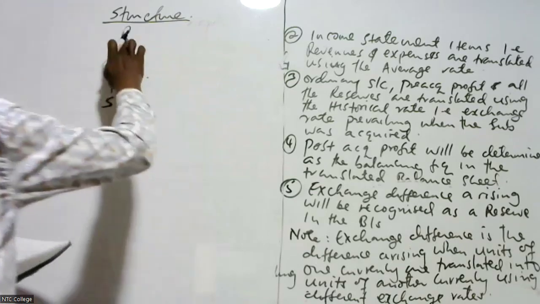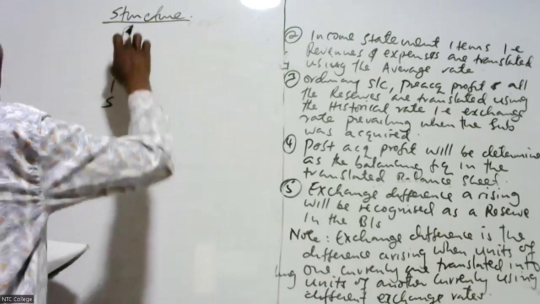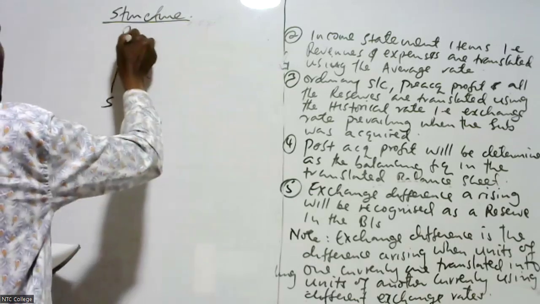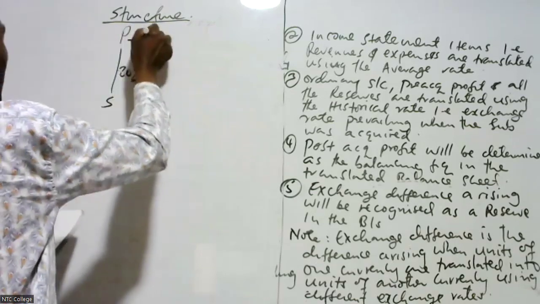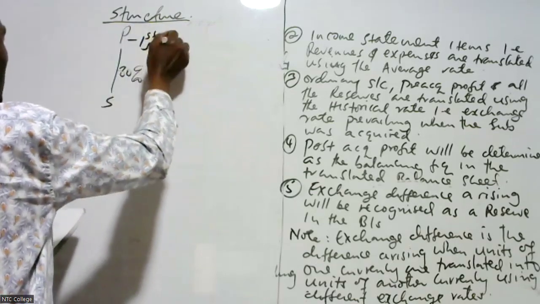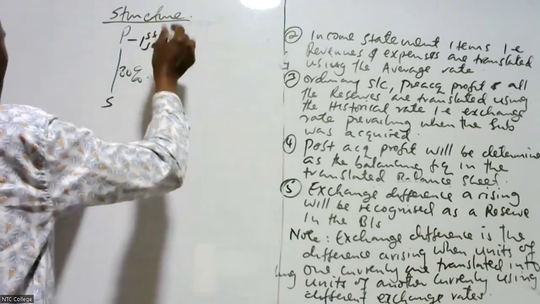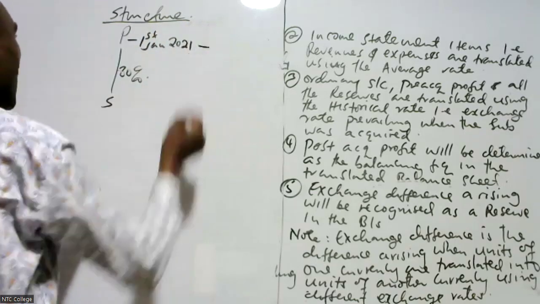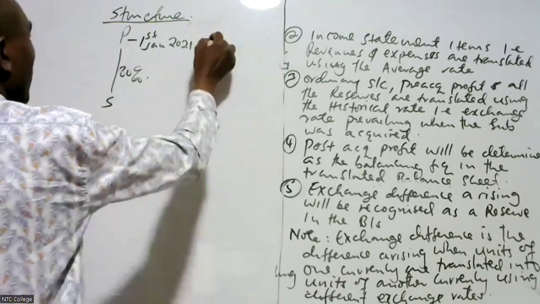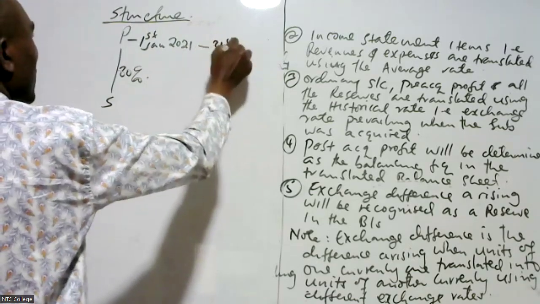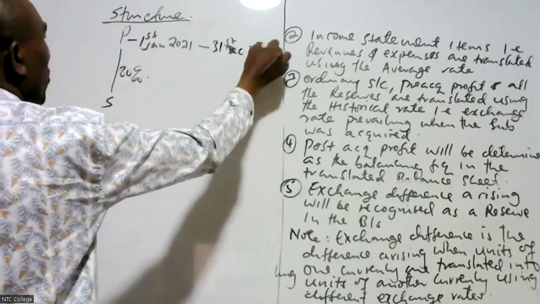Now, if S Limited is a subsidiary, when did we acquire shares in S? On 1st January 2021. When am I consolidating the books? On 31st December 2021.